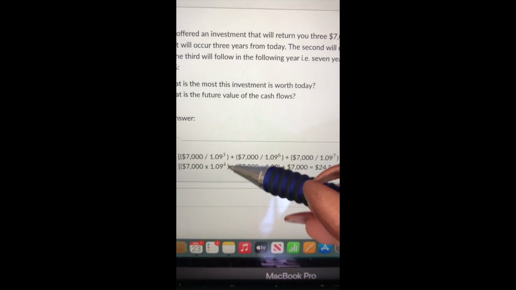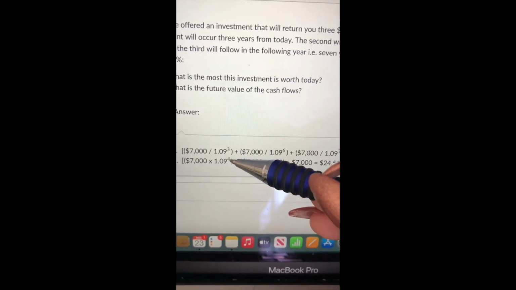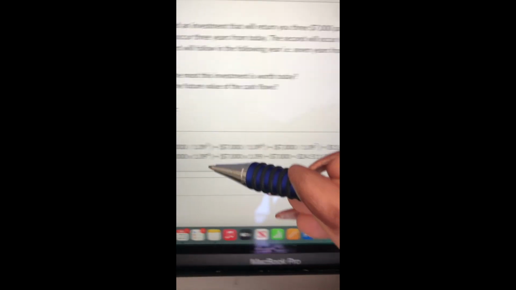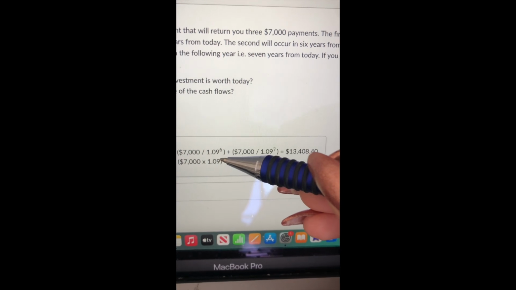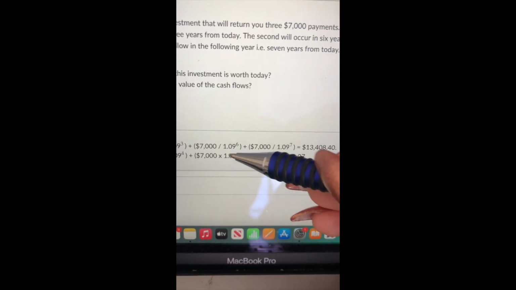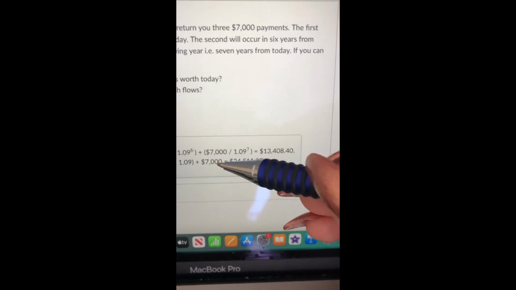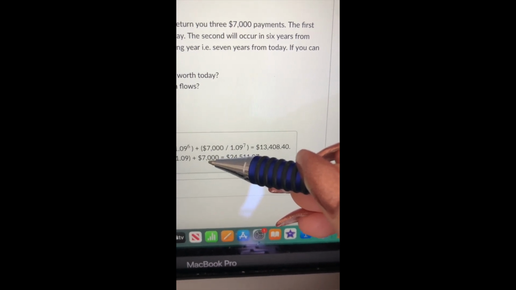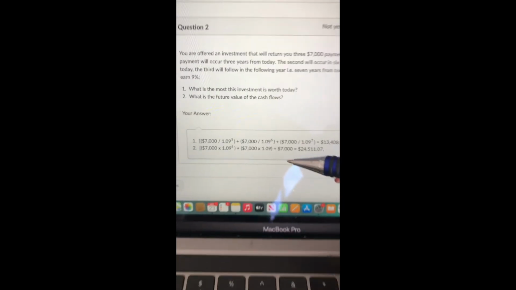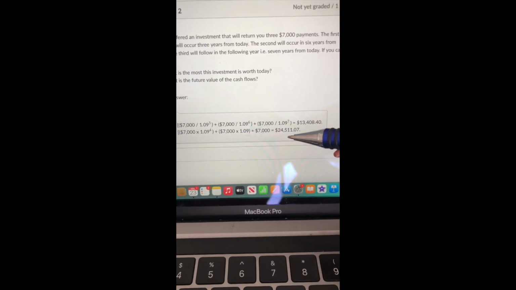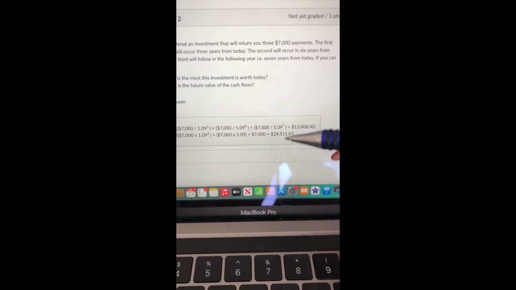So let's check our question. There's our first payment of $7,000, bringing it forward by 4 periods. Then our second one, we're just multiplying it. We don't put it to the power of anything because we're just bringing it forward 1 year. And again, remember that $7,000 from year 7 is in today's currency because we're now looking at the future value. We do that calculation and we get 24,511.07.